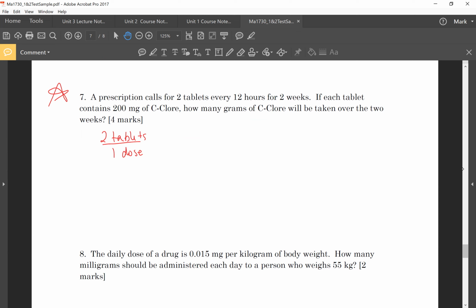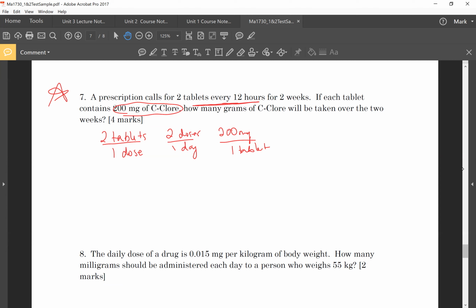So this is a little confusing way of saying this, but they're going to take 2 doses per day, and they're going to do that for 2 weeks. Now, every tablet has 200 milligrams. I'll worry about the grams after.